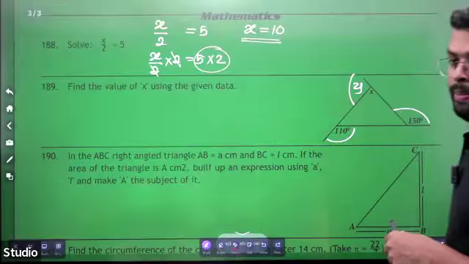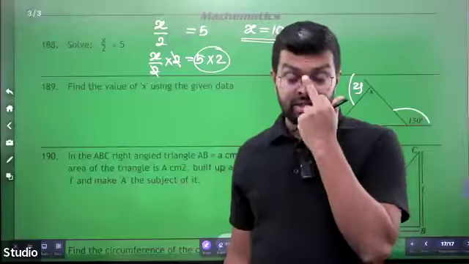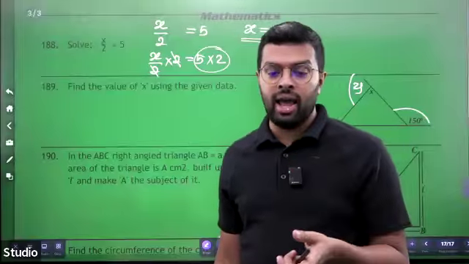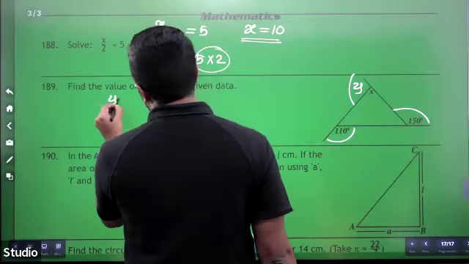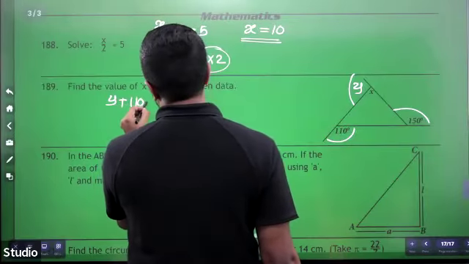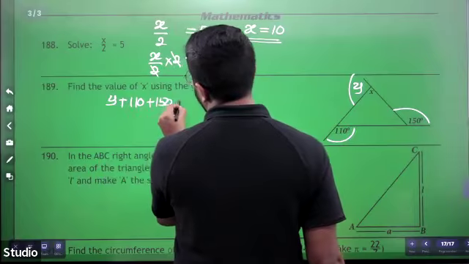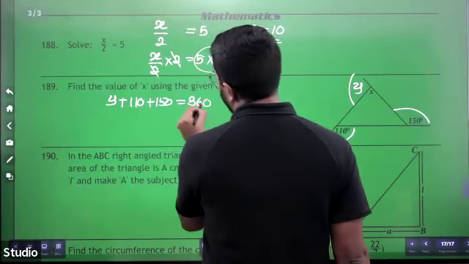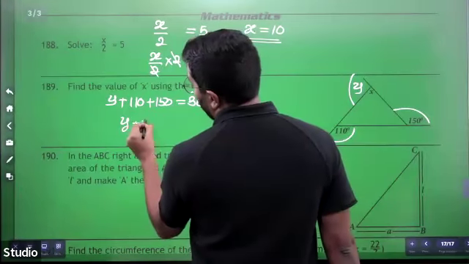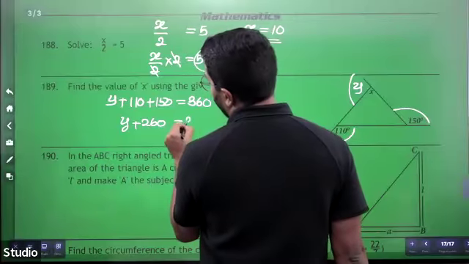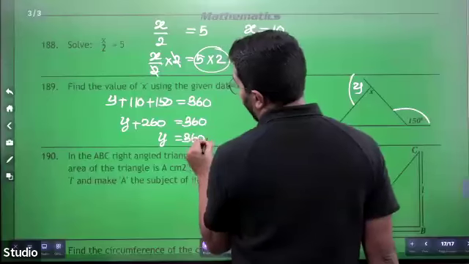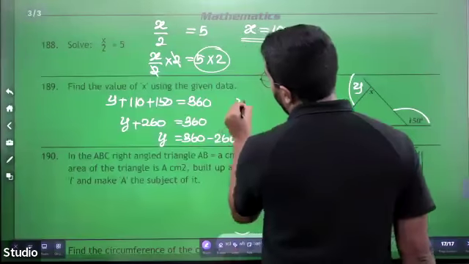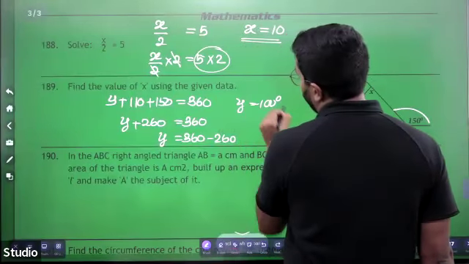Now, when it comes to a triangle, what we know is the sum of the three external angles equals 360. So y plus 110 plus 150 equals 360. Y plus 260 equals 360. Y equals 360 minus 260. Y equals 100 degrees.